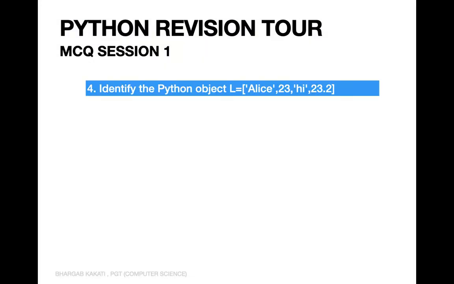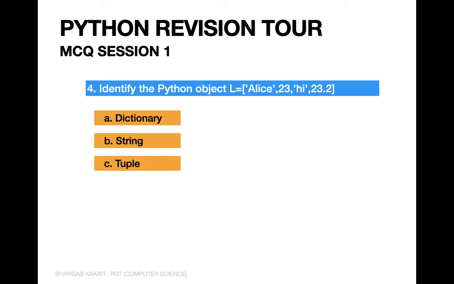Okay, so let's go to the next question, which is identify the Python object L equals to [23, 'hi', 23.2]. Now, this is a certain data type of Python. You have to identify the Python object. The first option is dictionary, second option is string, third option is tuple and the fourth option is list.